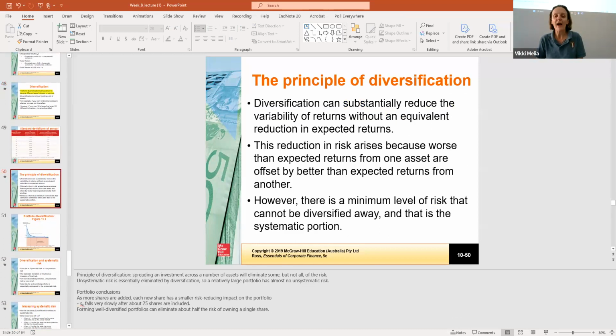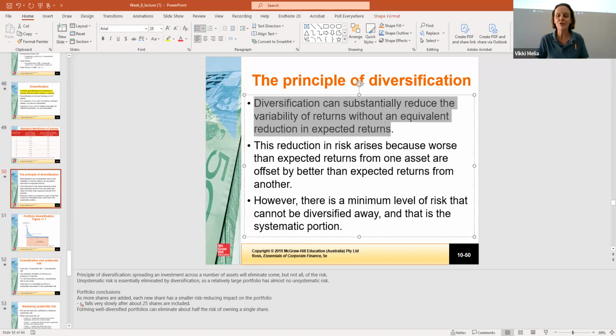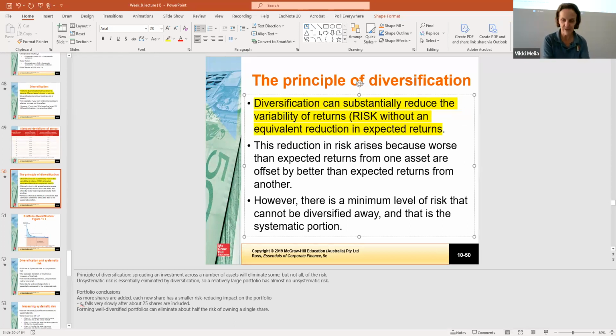So the good thing about diversifying is that you can significantly reduce risk, but your expected return doesn't drop as much as the decrease in risk. Your expected return might be a little bit lower than the individual asset. Your risk drops like that, your expected return may be a little bit lower.